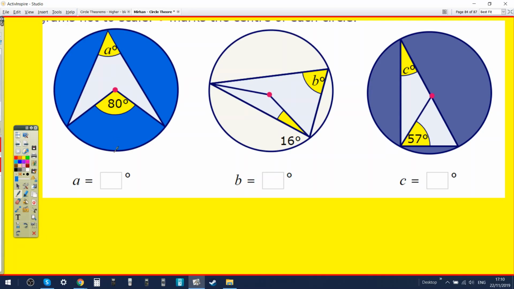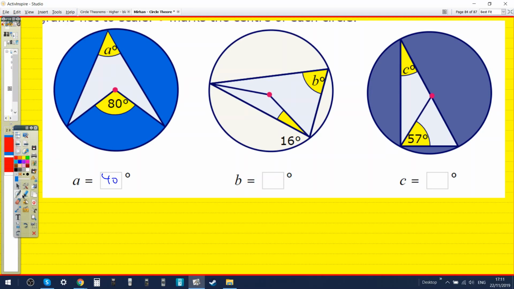So 40. 16 plus 16 equals 32. 180 minus 32 is 148. That's that angle. And then 148 divided by 2 is 74.